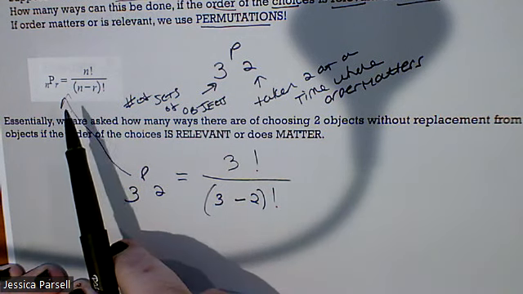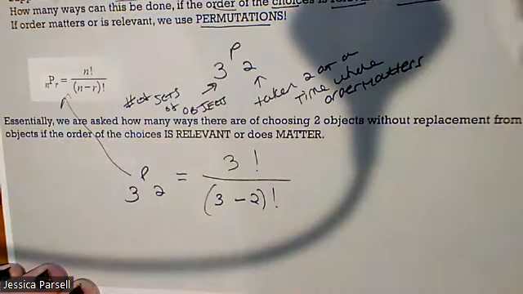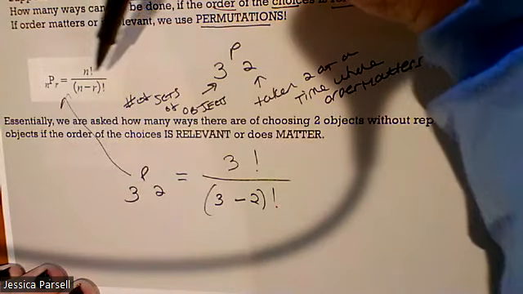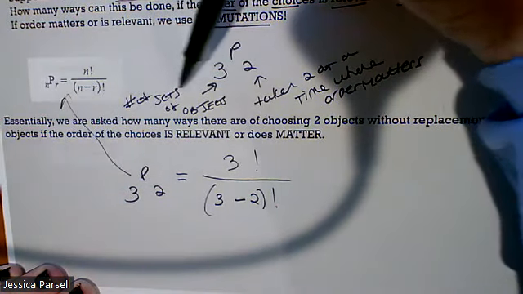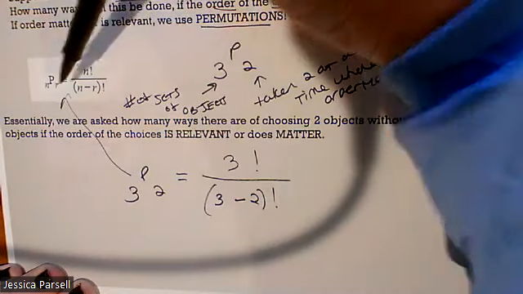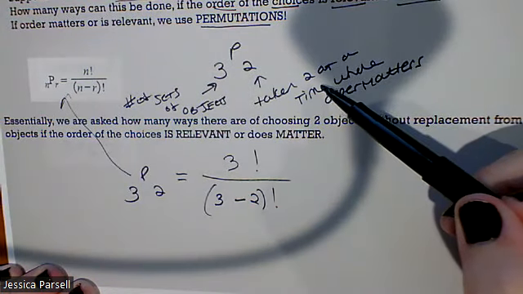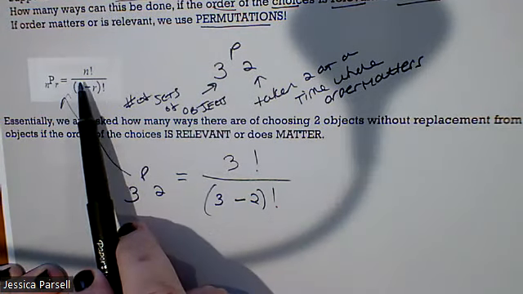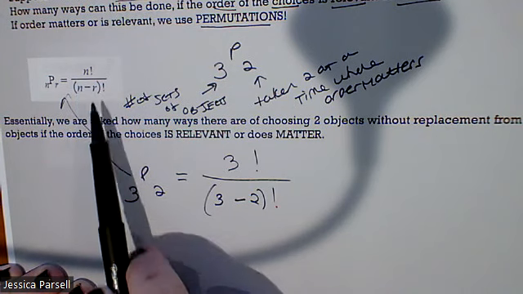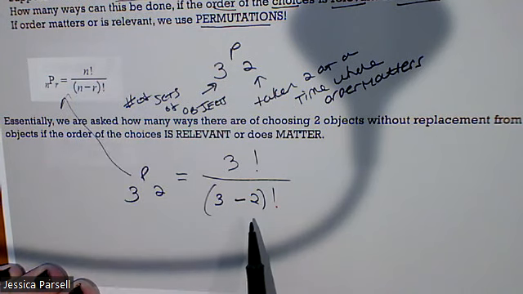So this formula just says take n, which is the things that you're taking, right? For us, 3 objects. And the r just says we're going to take them 2 at a time. So whenever you see an n, you're going to replace it with your n. Whenever you see an r, you're going to replace it with your r.